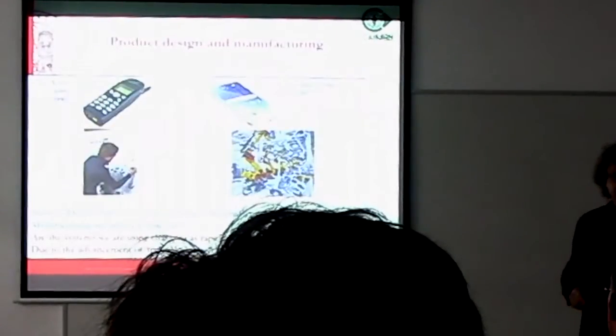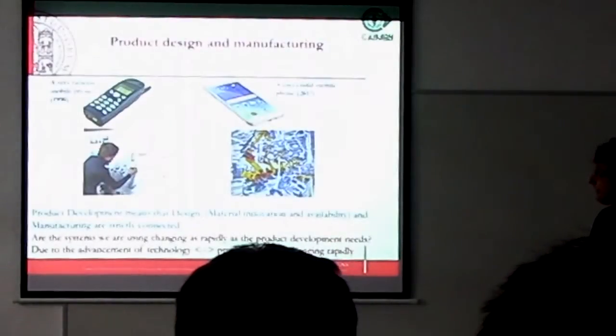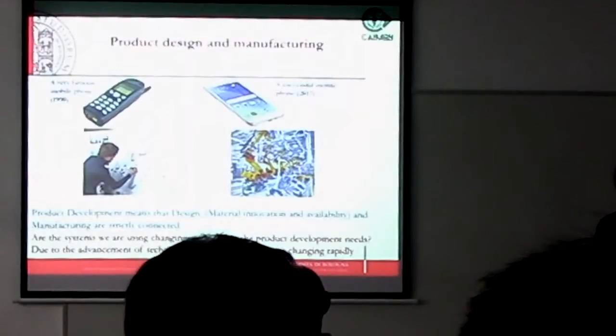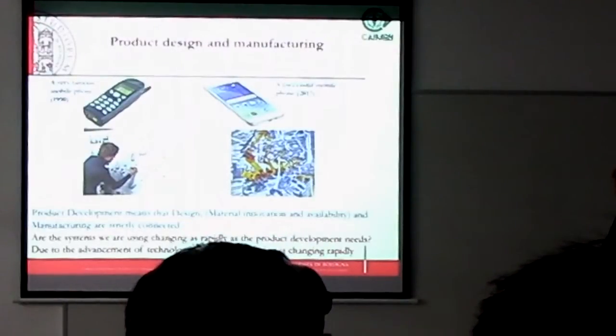So, what about the evolution of the computer-aided design system? This was my first phone in 1998, a very famous one, produced by Nokia, and this is a more successful mobile phone produced today.